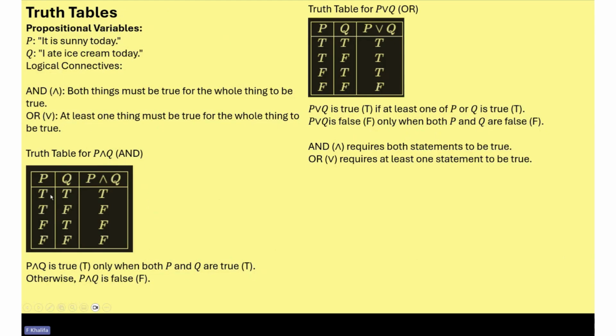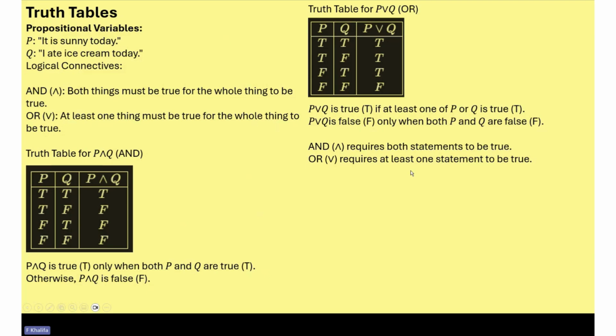So AND would only output true if both P and Q were true. Okay, and then we've got OR: if either P or Q is true, then it outputs true. If both are, it also outputs true. AND requires both statements to be true, OR requires at least one statement to be true.